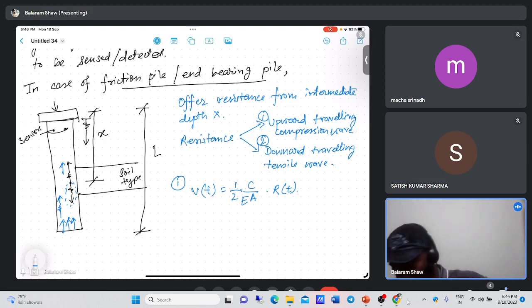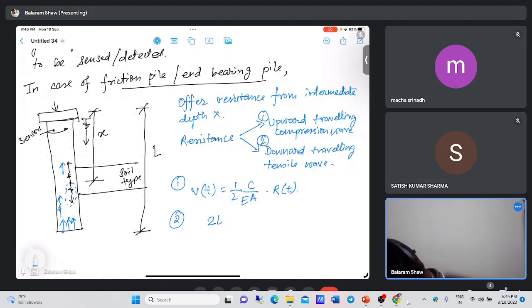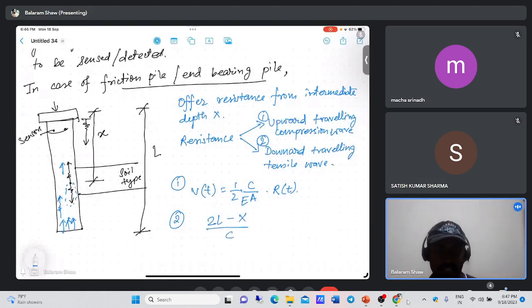And the second component, the time will be 2L minus x by c.